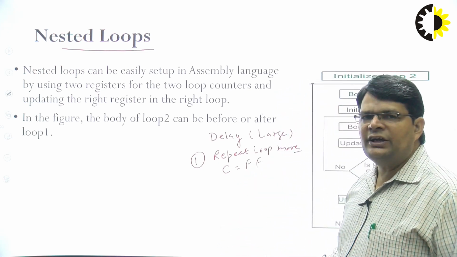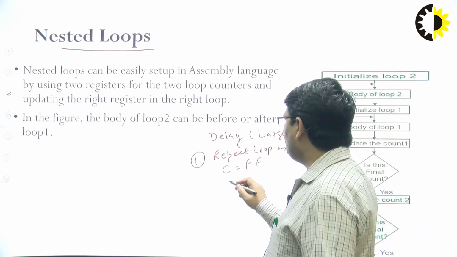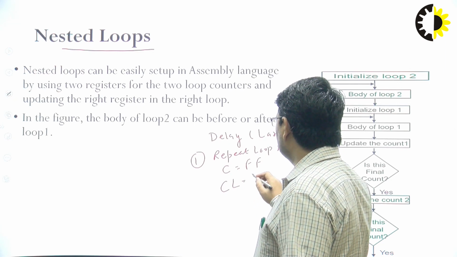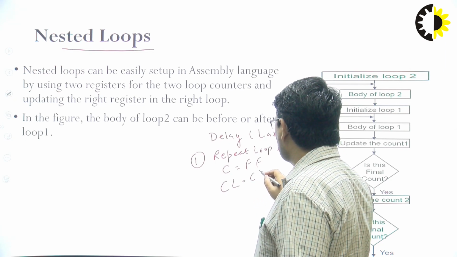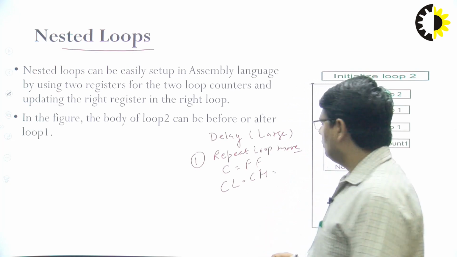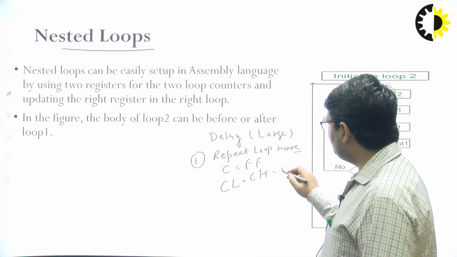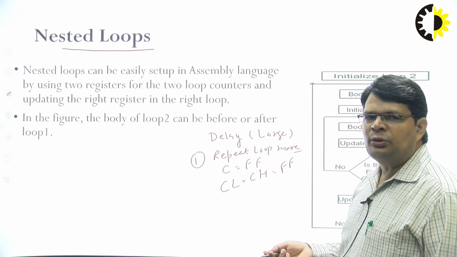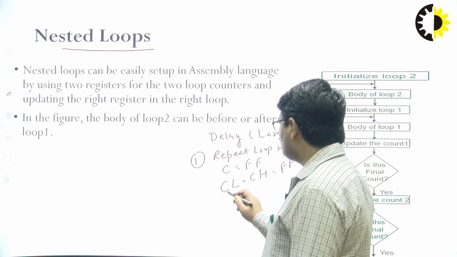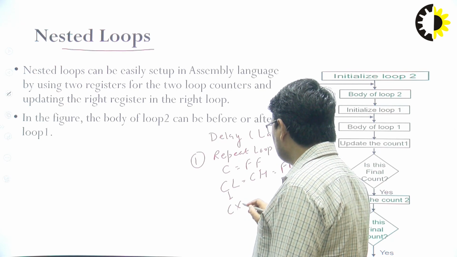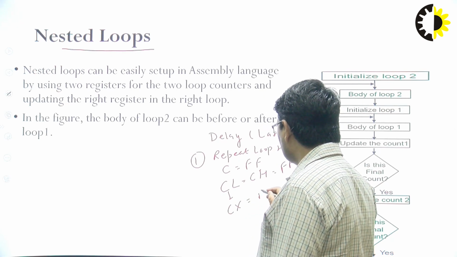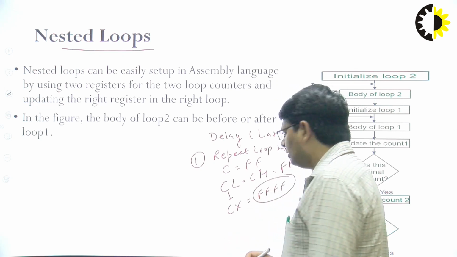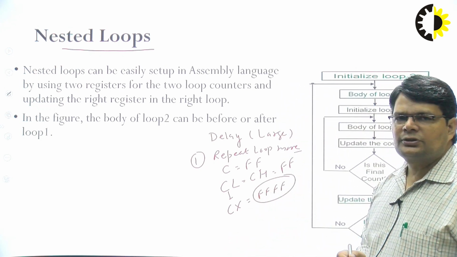But in the case of the 8086, for 8-bit we can use it up to FF. But if we have to generate a large amount of delay in the 8086, instead of this CL or CH, we can use a 16-bit counter register, and the loop can be repeated up to FFFF times.